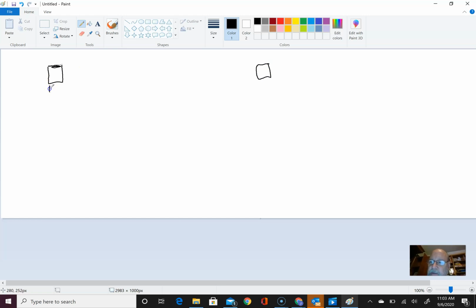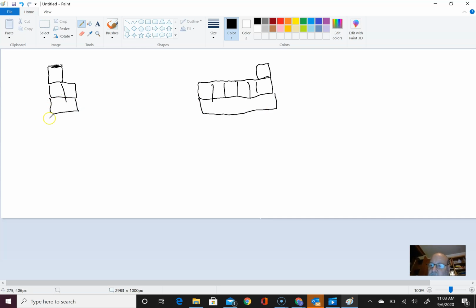If I go down to the next row, I've got two columns on the left side and 6 columns on the right hand side. And then in the third row, we repeat that. And then below that, on the left-hand side, I've got the 2 columns go down to the end of the table, and on the right-hand side, I've got the 6 columns that go down to the end of the table.